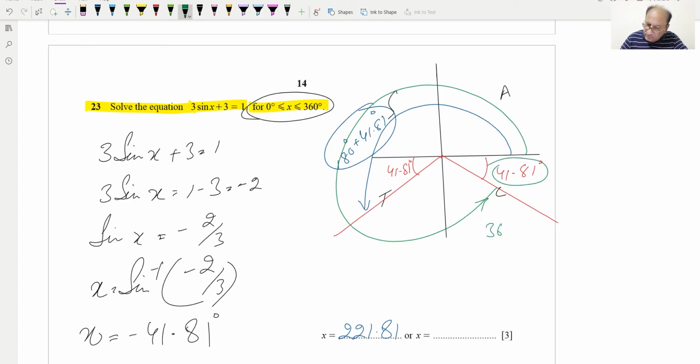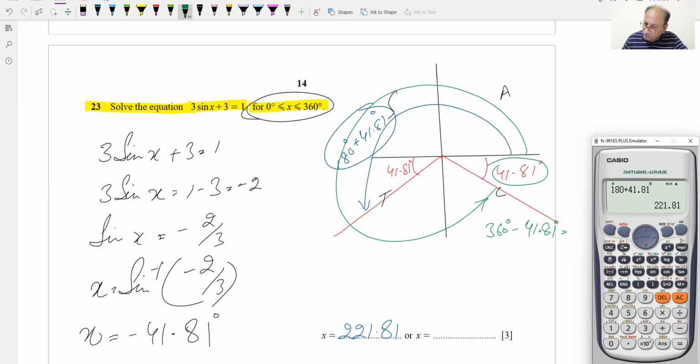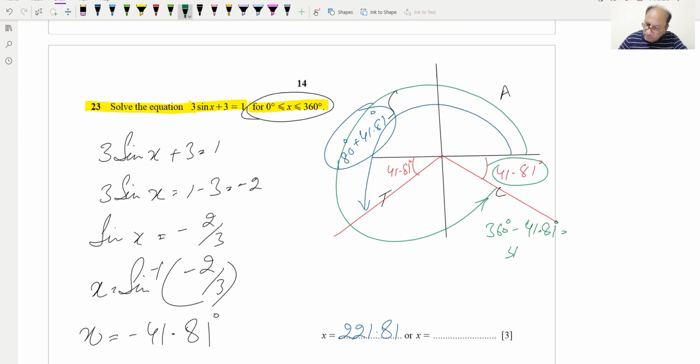So we can write 360 degrees minus 41.81 degrees, and this will be equal to what, 360 minus 41.81, and this is equal to 318.19. So 318.19, this will be the second answer. These will be the two answers, and this is for 3 marks.